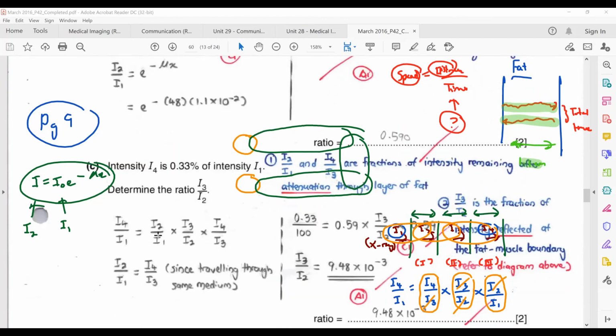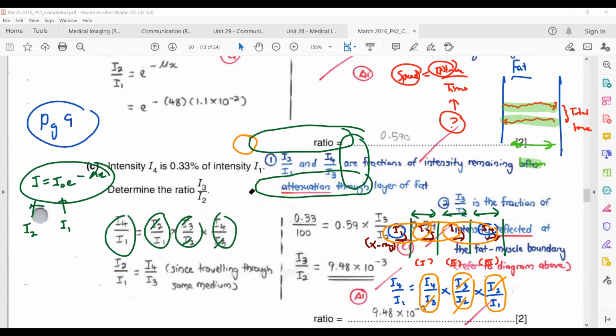So I4 to I1 is I2 to I1 multiplied by I3 to I2 multiplied by I4 to I3. You'll see that I2 will cancel off, I3 will cancel off, giving you I4 to I1. So you get the ratios for each of these, you multiply them, and you get back this ratio.